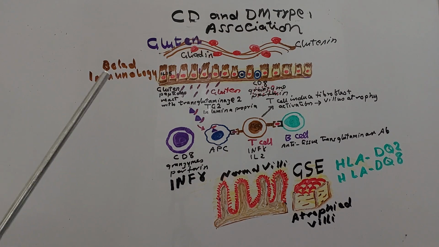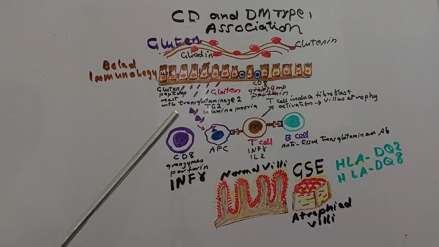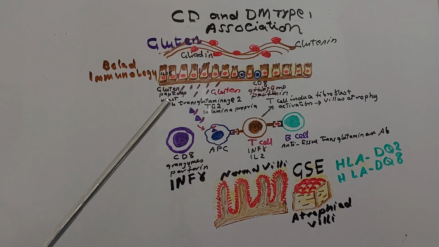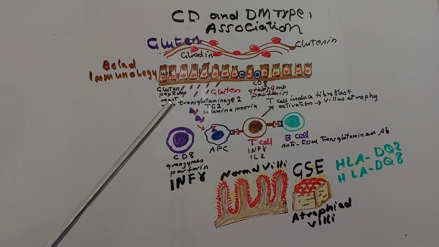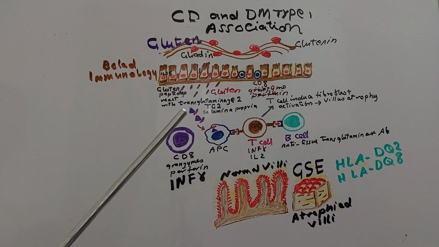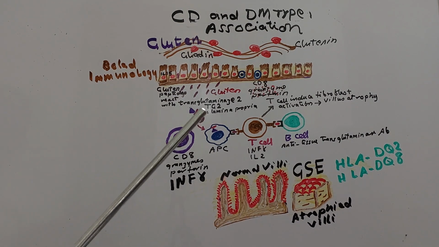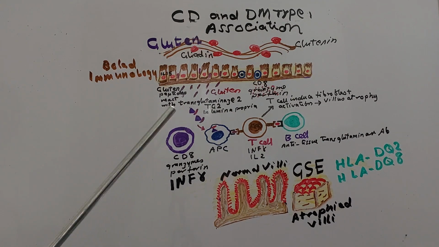So this association has been shown in several studies, but the removal of gluten from the food of patients with diabetes mellitus type 1 just to avoid this association is still debatable.